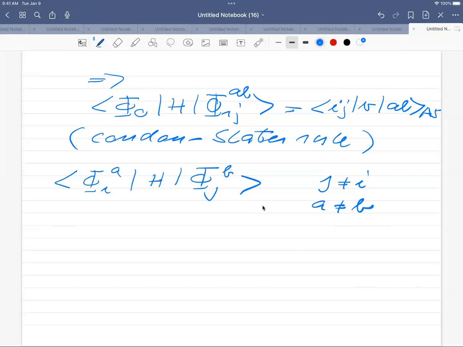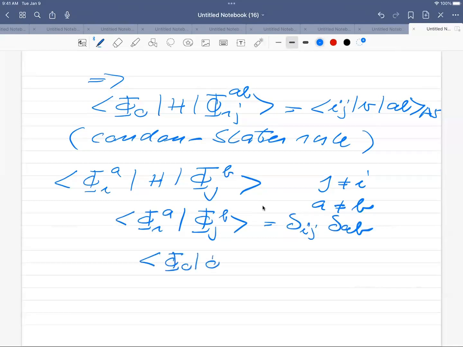That means that when I calculate this overlap, for this to be non-zero, it has to be delta IJ multiplied with delta AB. And that's pretty easy to show here, because if we use these second quantization operators, one of the things we have assumed is that phi 0 with phi 0 is equal to 1. That's a basic assumption we're making here.